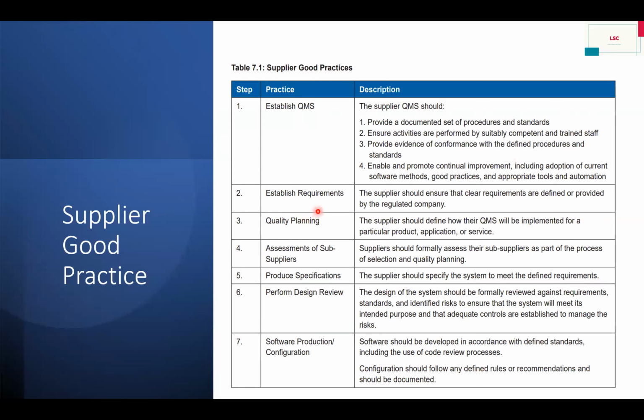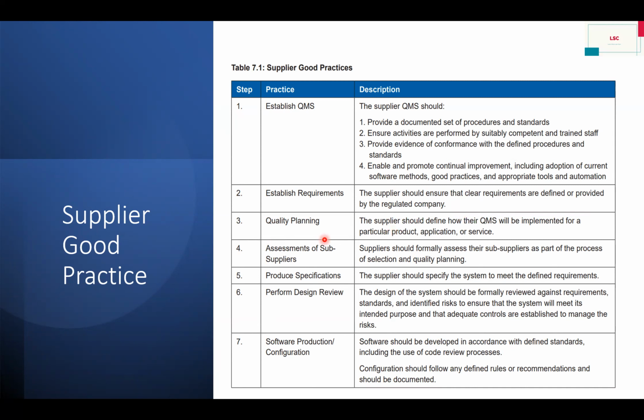Second, establish requirements. The supplier should ensure that clear requirements are defined or provided by the regulated company. Don't say, if we are supplier, that this is the requirement from the user and we have that. No, clearly understand what the requirement from the user is, then establish the requirement clearly and act accordingly as supplier.